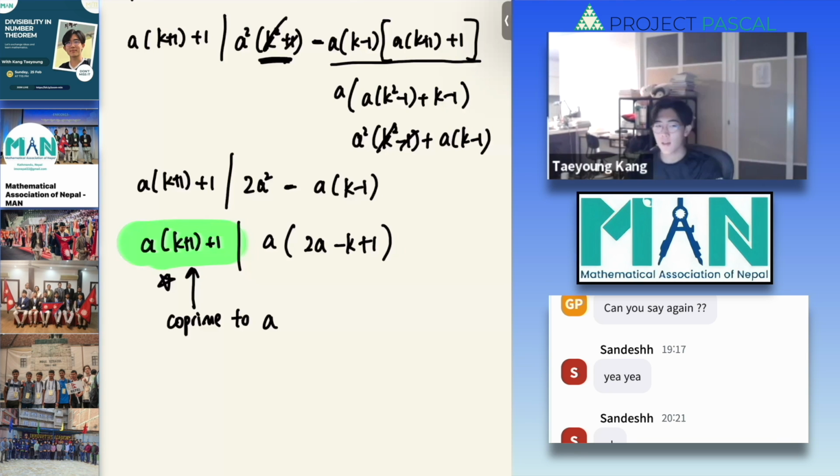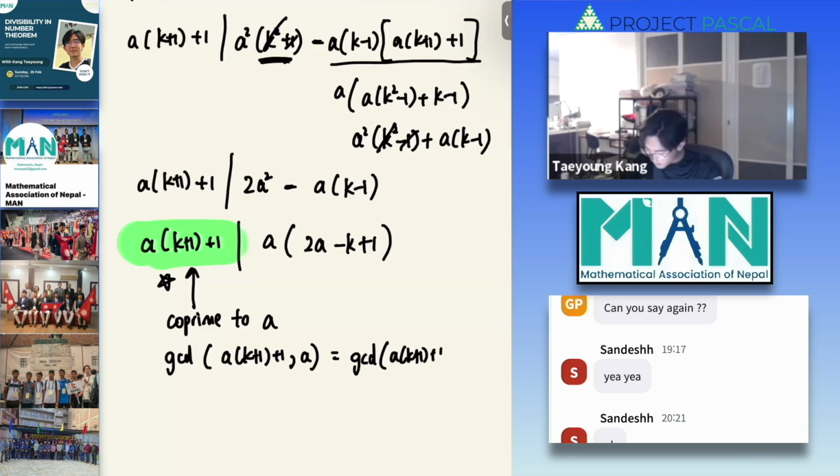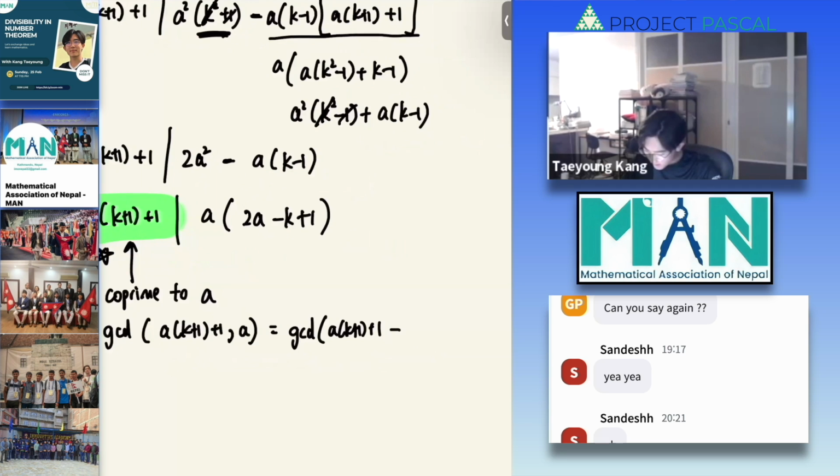It's because it is a multiple of A plus 1. So if you did a Euclidean algorithm on this, it will be equal to the GCD of A K plus 1 minus K times A, which is just the GCD of 1 and A, right?